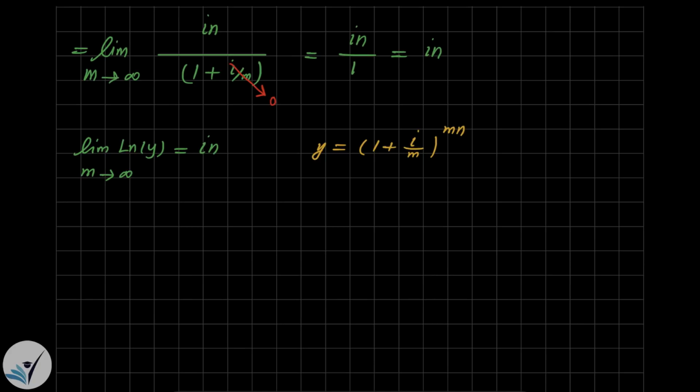But what we are interested to calculate is not the limit of ln of y, it is the limit of y as m approaches infinity, and we still don't know this value.